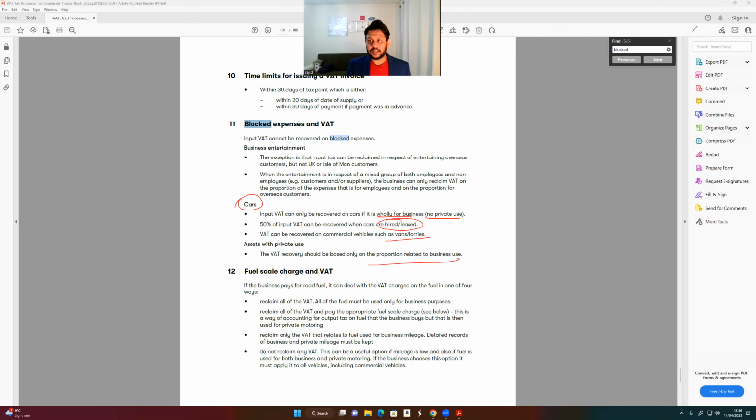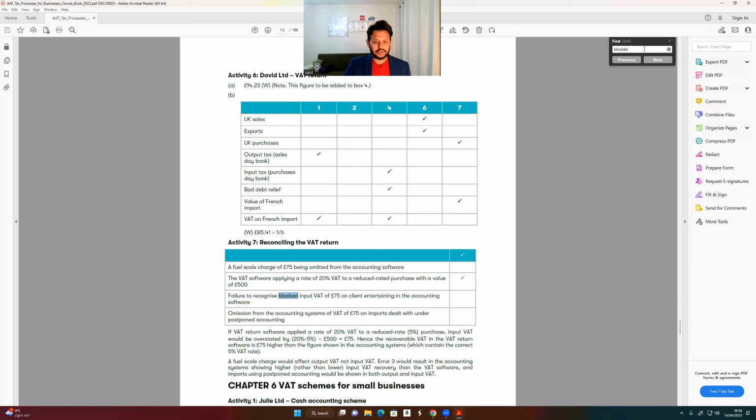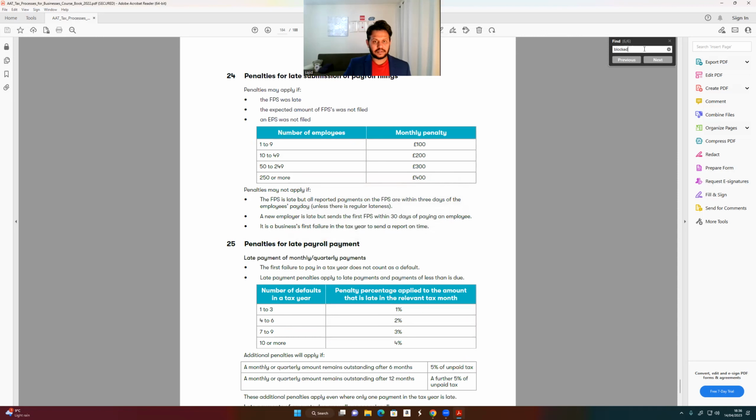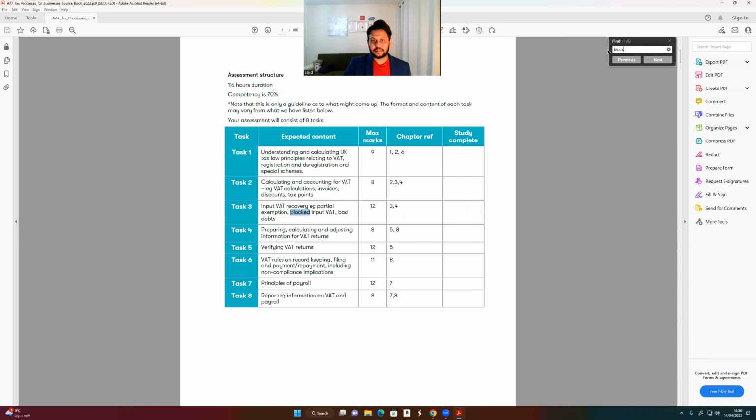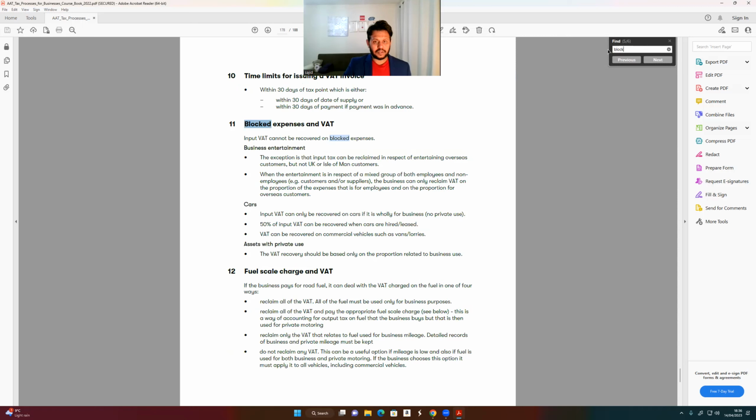Now, if you want to see the definition of blocked expense, we can quickly have a look as well. Let's have a look. It should have the explanation. Okay, I don't see it here. It should be somewhere in the book, the blocked expense. For the time being, just remember that input VAT cannot be recovered on blocked expenses.